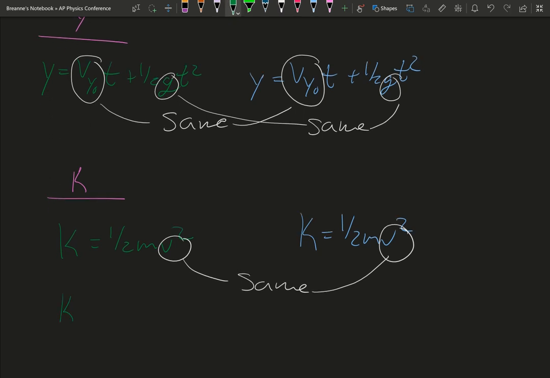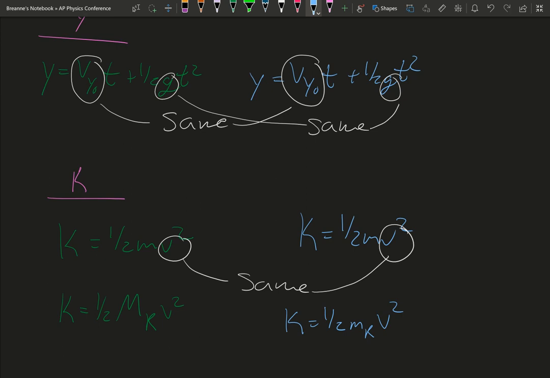For rocket Y, our mass is greater compared to the mass in rocket X. So your mass and your kinetic energy are a direct relationship.